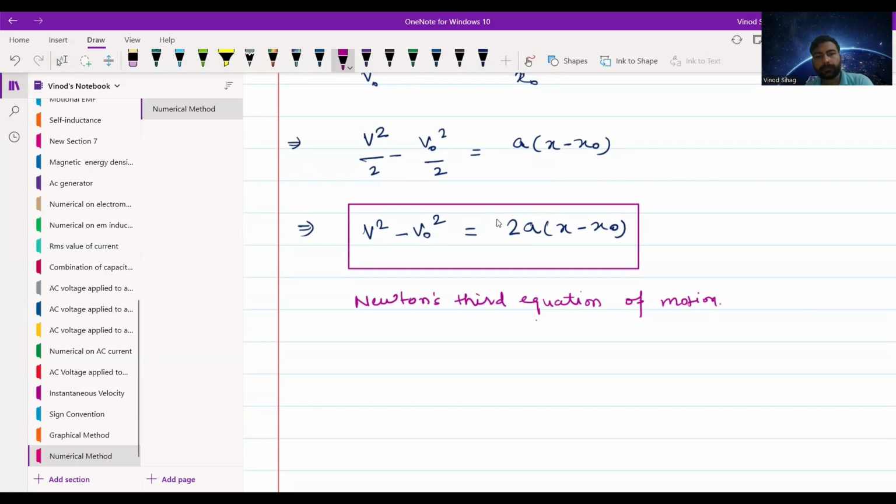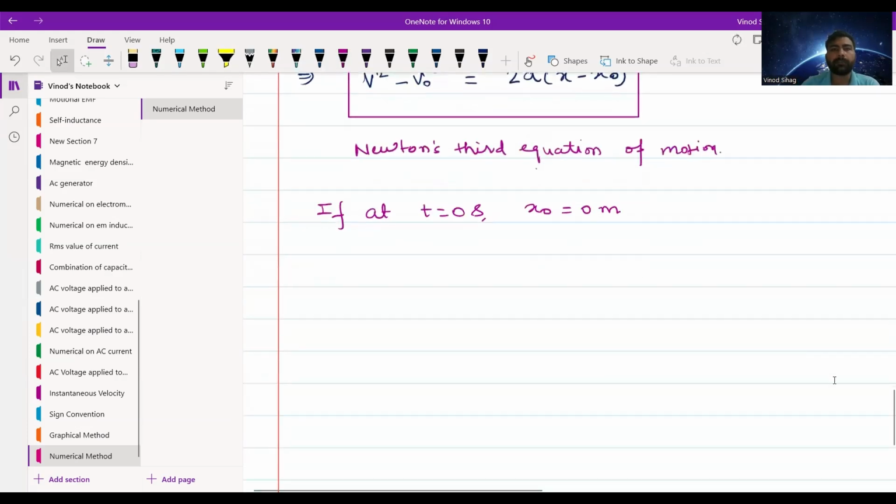So if at t equals 0 seconds, x naught equals 0 meters, then how will the equations look? The first equation will be the same equation that we derived. Fine. So the first equation will be v equals v naught plus a into t.